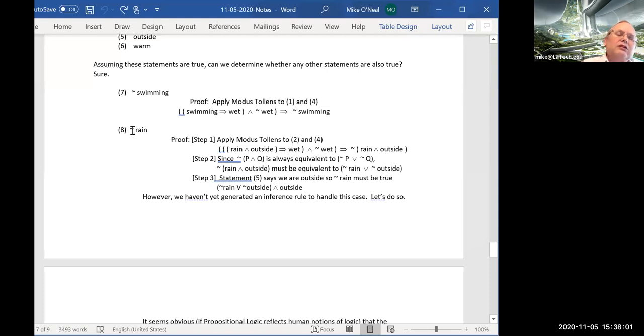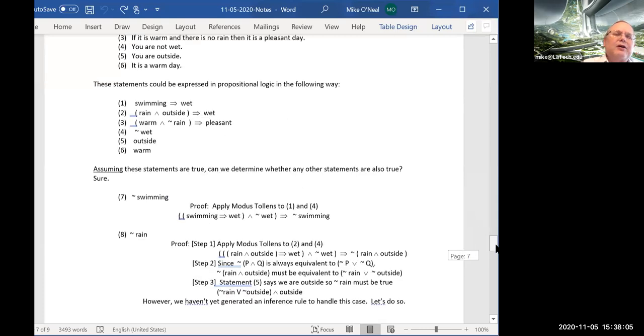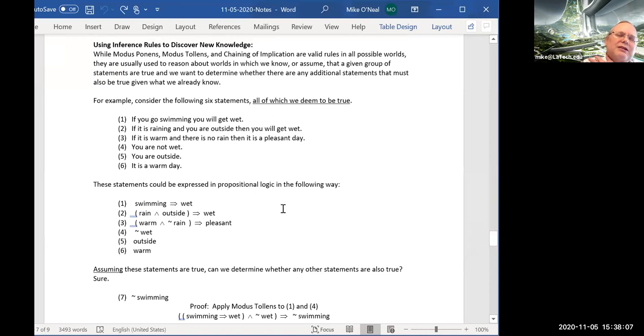Okay, how about trying to prove that it's not raining? So, does it make sense that it's not raining? Well, we know it's a warm day, and if there's no rain, then it's a pleasant day. But we don't have anything that says that it's not raining, do we?